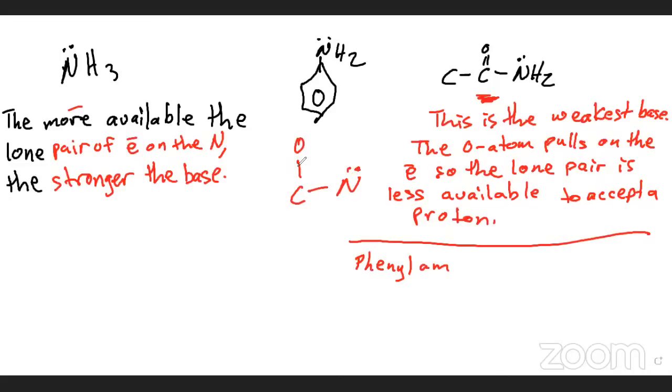Oxygen is pulling on the electrons from the carbon, and in turn, these electrons are being pulled in this direction. So because the oxygen is pulling on the electrons, these are not as available to pick up a proton. So that is it. So you can put it in your own words, right?